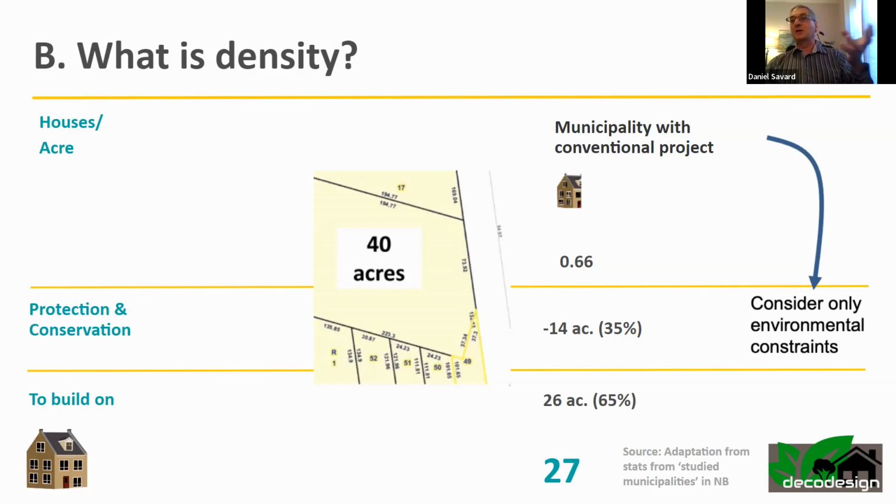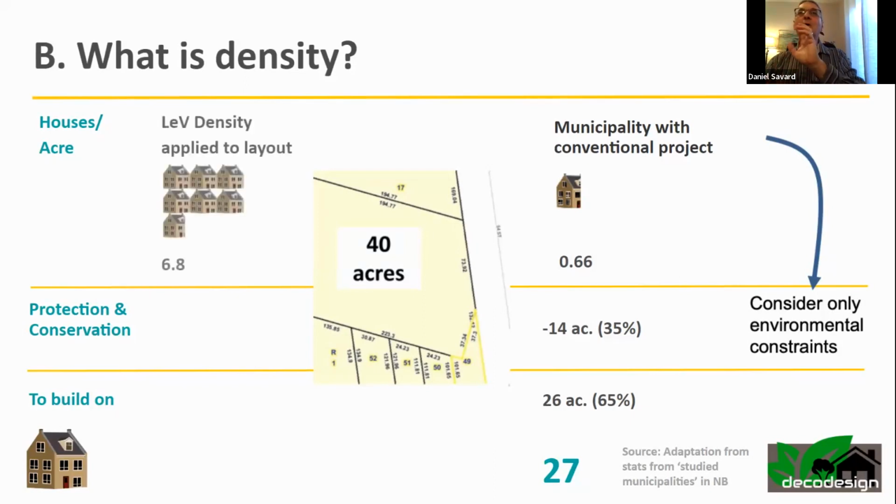We're going to use here a percentage that was used by the project at Le Village en Haut du Ruisseau in Dieppe, where 35% of the property was considered environmental constraints, and you don't build on that. So on our 40 acres, just as an example, 35% represents 14 acres. That means on 26 acres, 65% of the property, we're going to build 27 houses. This is the conventional way of doing it.